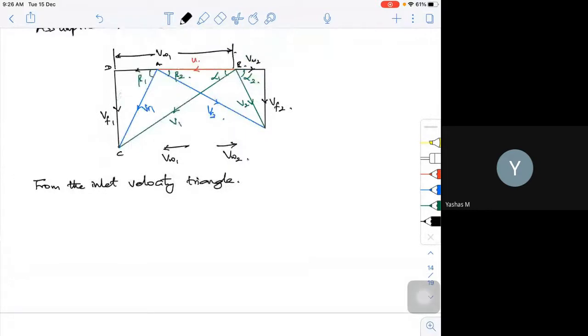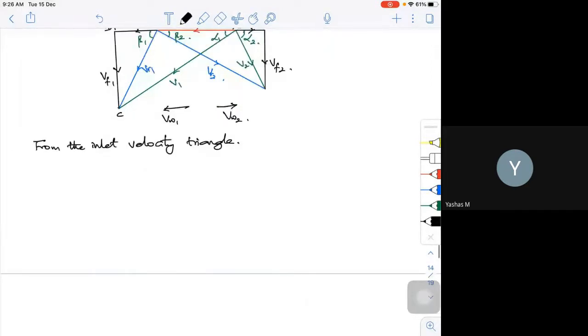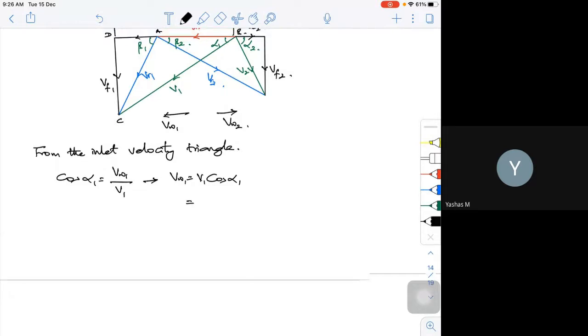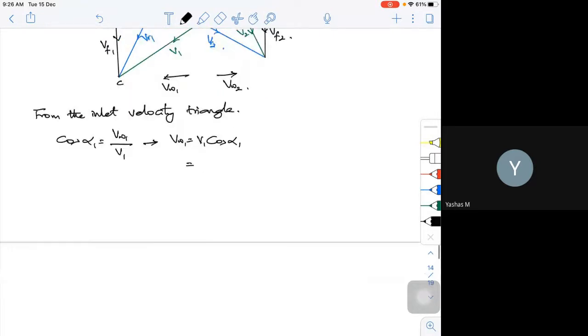Cos alpha 1 is equal to VW1 by V1, or VW1 is equal to V1 cos alpha 1. V1 I calculated as 876, so 876 into cos 20. If I do that on the calculator, I am getting this as 823 meters per second. Okay.